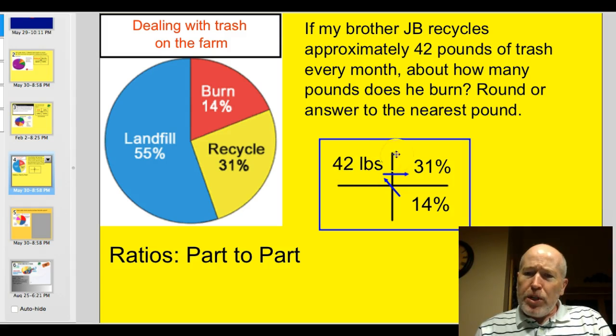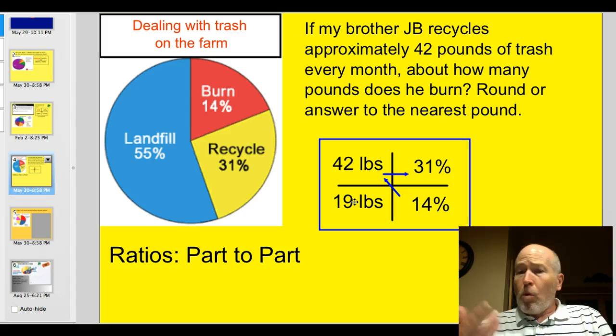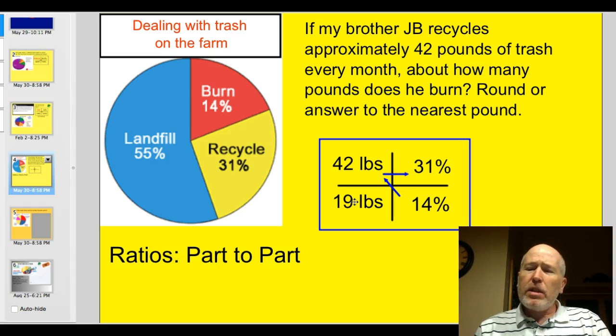So 42 is to 31 as something is to 14. I can multiply 14 times 42, divide by 31. Rounding to the nearest pound, that comes out to be 19 pounds. Let's see if that looks right. This larger area, 31. The smaller area, 14. Yeah, that looks about right too. The answer makes sense.